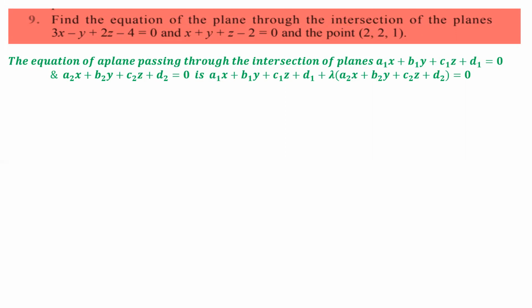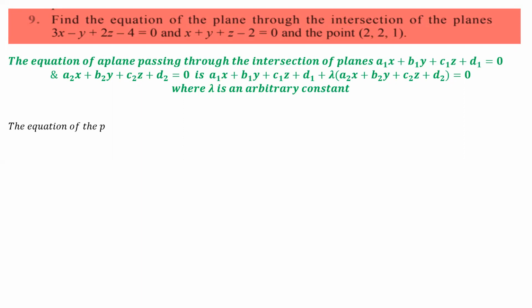So first equation plus lambda into second equation. And we need one condition for finding the value of lambda. The condition here is the given point (2, 2, 1).